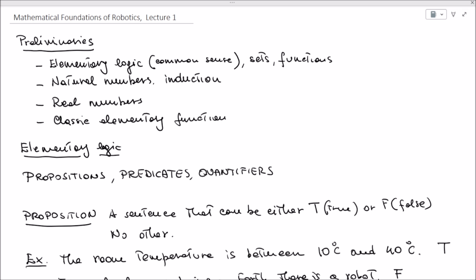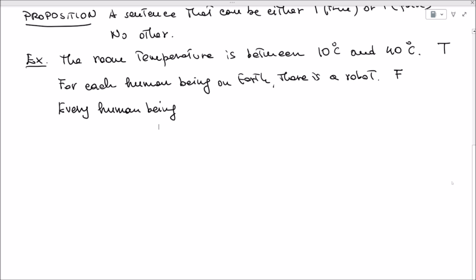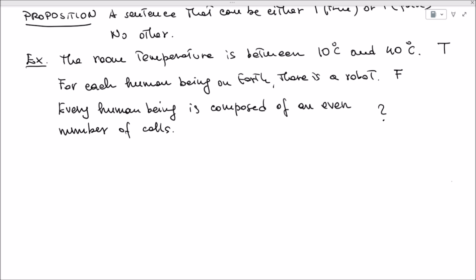As a final example, if we say that every human being is composed of an even number of cells, well, this is something which is very difficult to check, so we cannot assign any true or false value to this sentence.